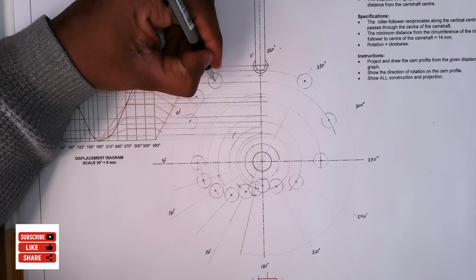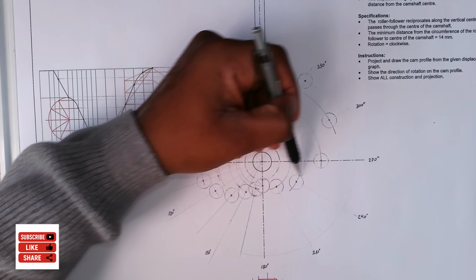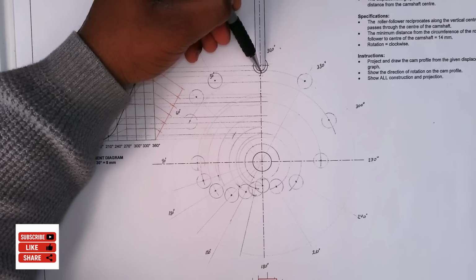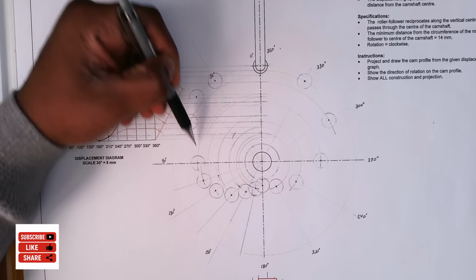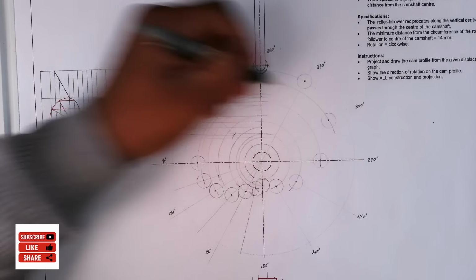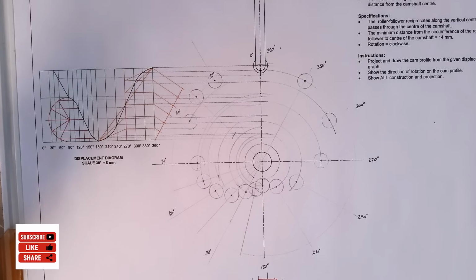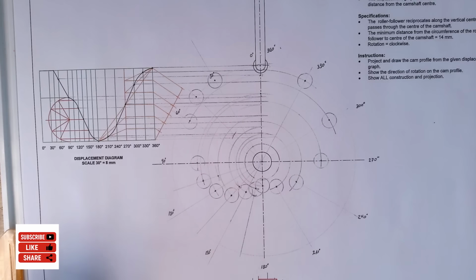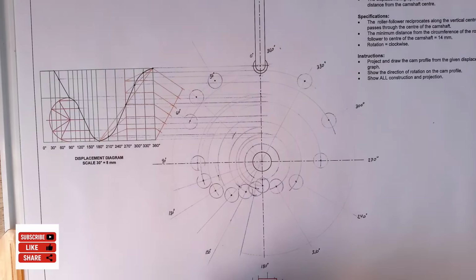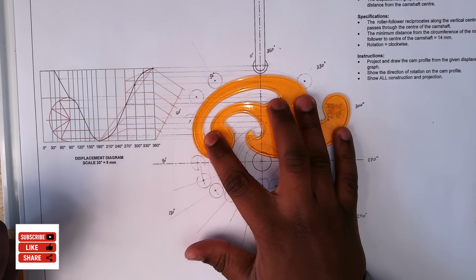So now I can just draw in the cam profile just inside, underneath the roller followers, like around these circles, right? Okay, so you can use your French curve, or you can just use freehand. So what I can do there, I'll just do this.